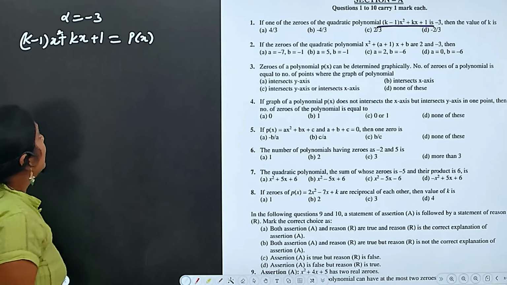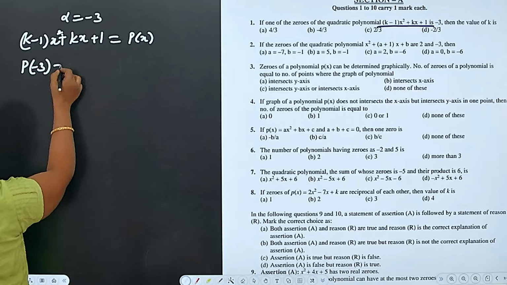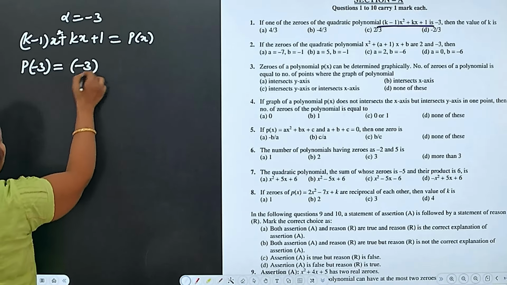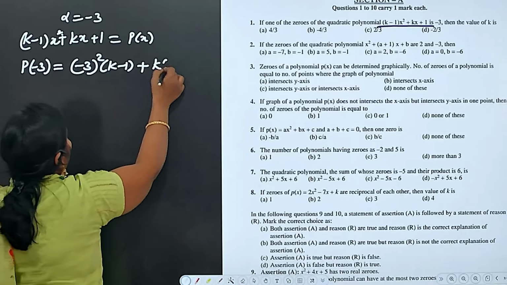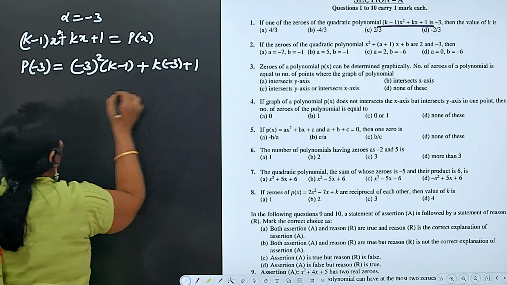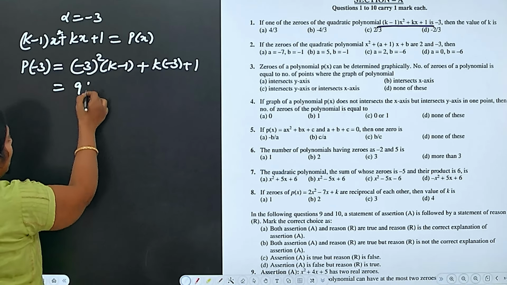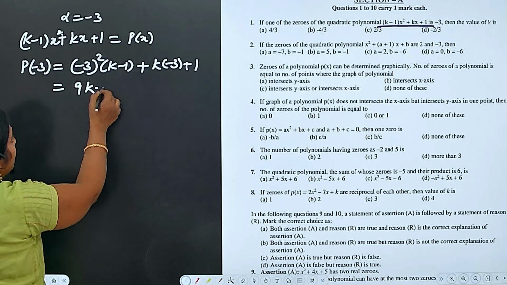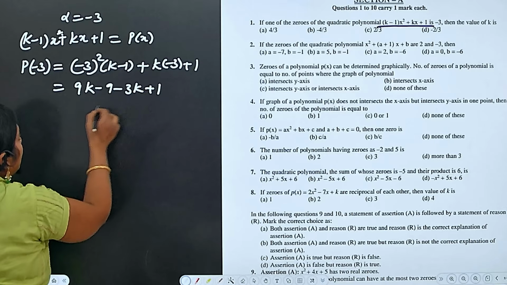Then we substitute x equal to minus 3, p of minus 3 equal to minus 3 whole square into k minus 1 plus k into minus 3 plus 1. Minus 3 whole square is 9. 9 into k, 9k, 9 into minus 1 minus 9, minus 3 into k minus 3k plus 1.